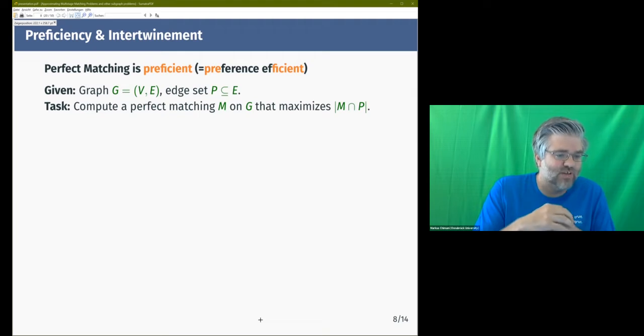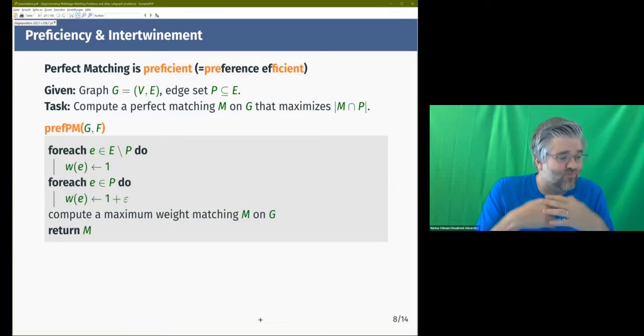So in terms of matching, that means you're given a graph, you want to compute a perfect matching on a single stage graph, and I also give you a subset of the edges which are to be preferred. And now I ask for a perfect matching where you select as many of these preferred edges as possible.